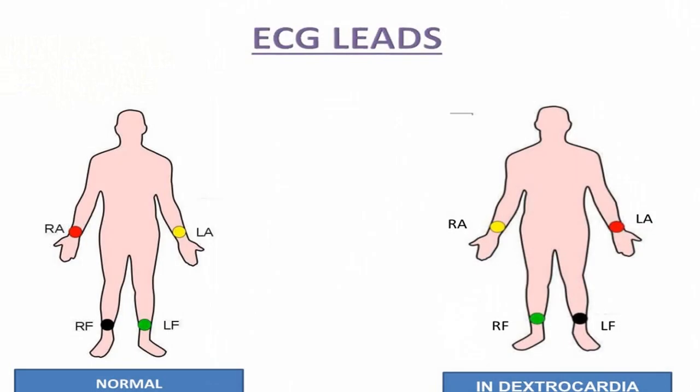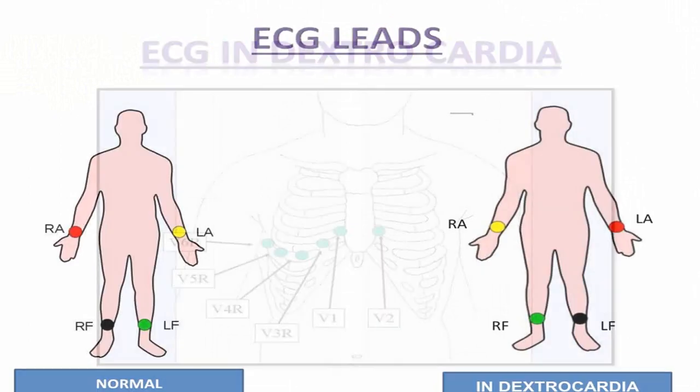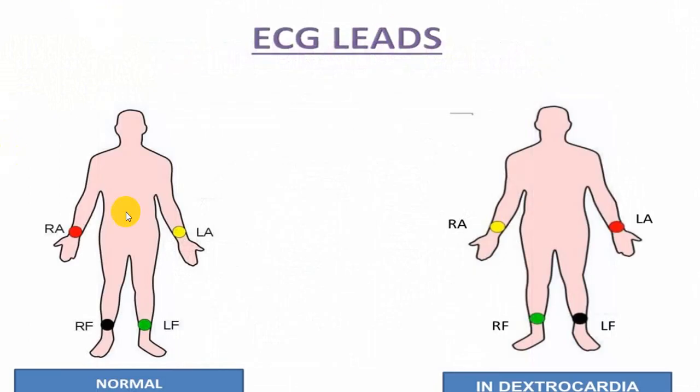Now in an ECG, what happens in a normal? You can see here, this is what we have to attach: right arm, right foot, left foot. But in a dextrocardia, this becomes right arm, this becomes left arm. And this remains the same.